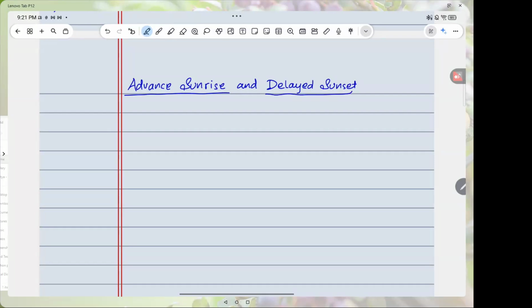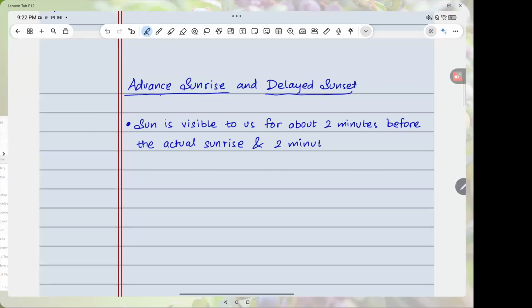If you calculate it, the sun is visible to us for about 2 minutes before the actual sunrise, and also about 2 minutes after the actual sunset.